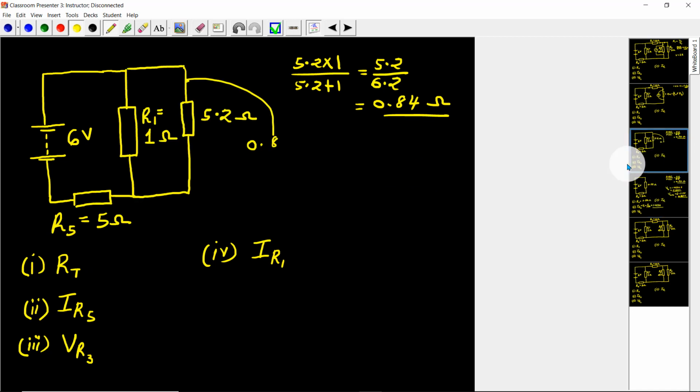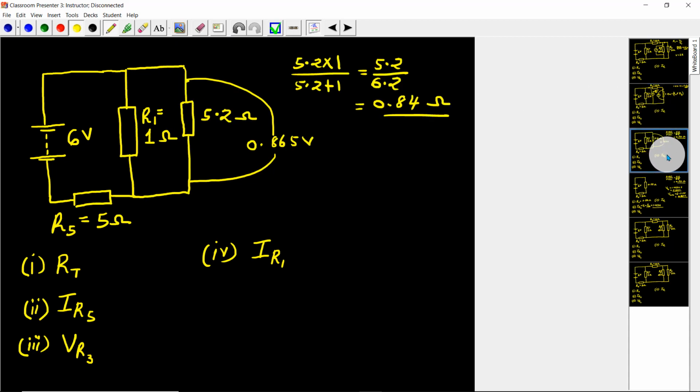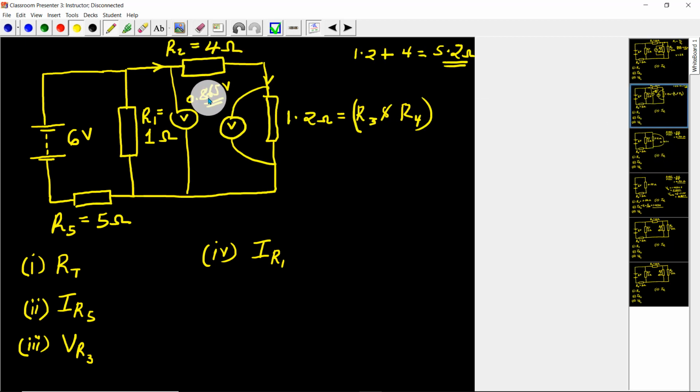So over here, this voltage is 0.865 volts. I hope I've written the correct value. Yes, that voltage, 0.865 volts.